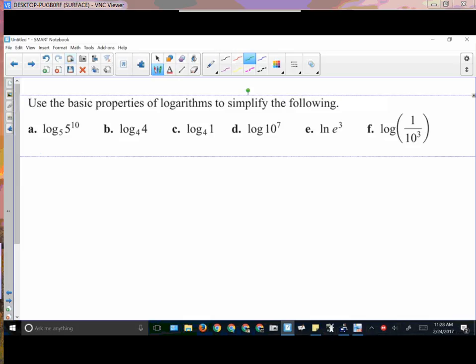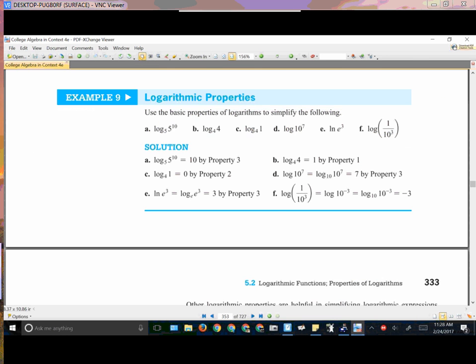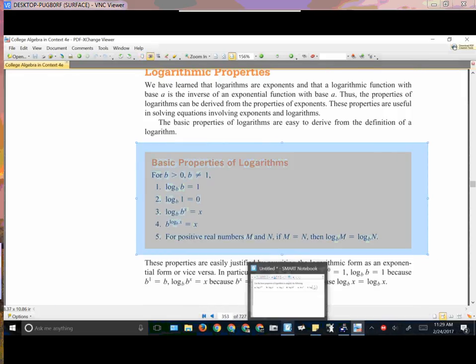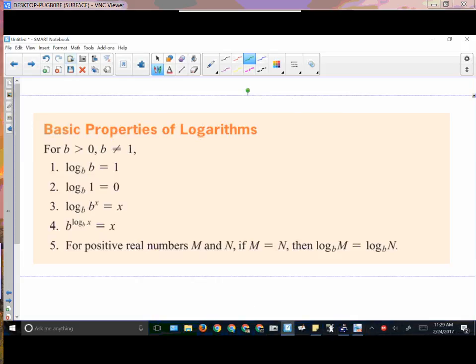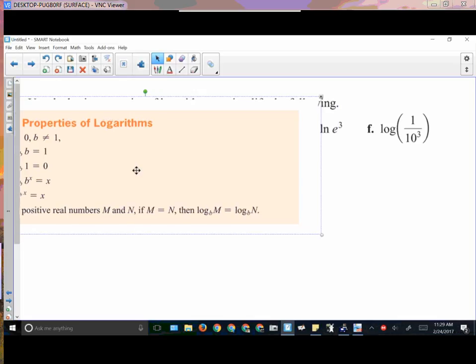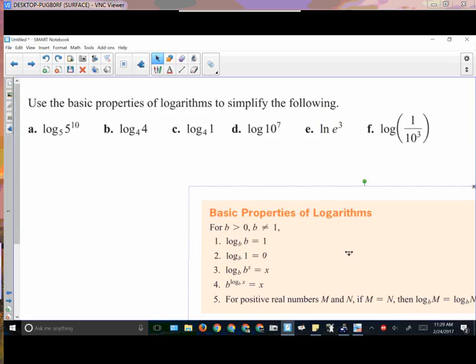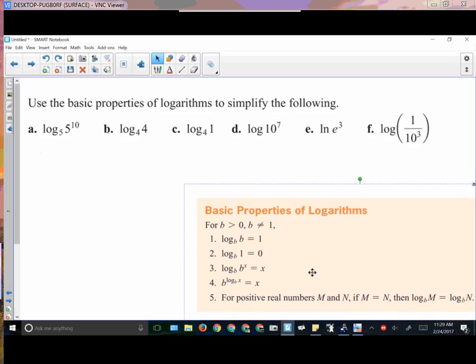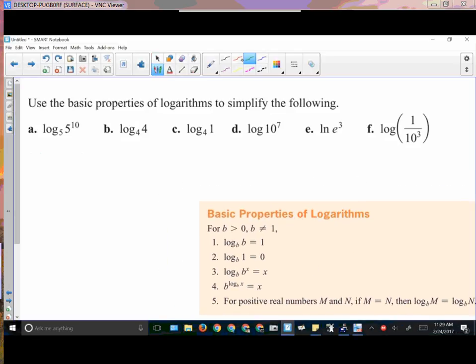Now I look at this first one here, and I kind of want to go back to my properties. So I take a look at this and I want to know which one A resembles.